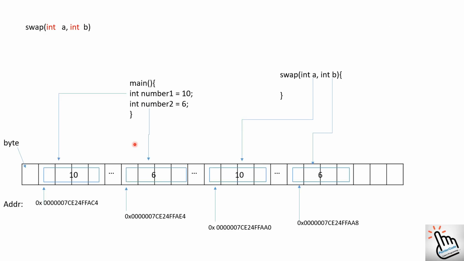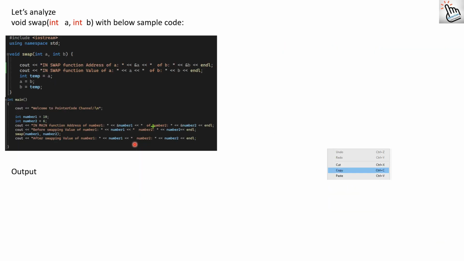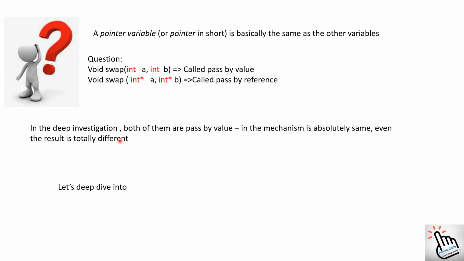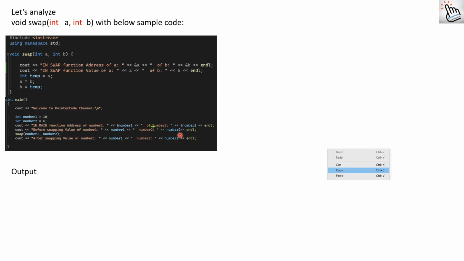So I already mentioned before that the mechanism of both of them is pass by value, but the result is totally different. So I would like to say something so you can easily understand what happened and how it works.